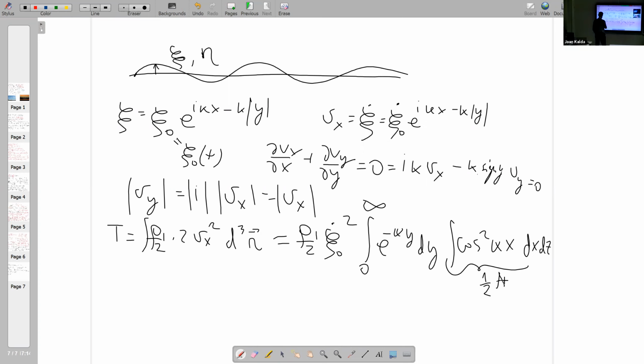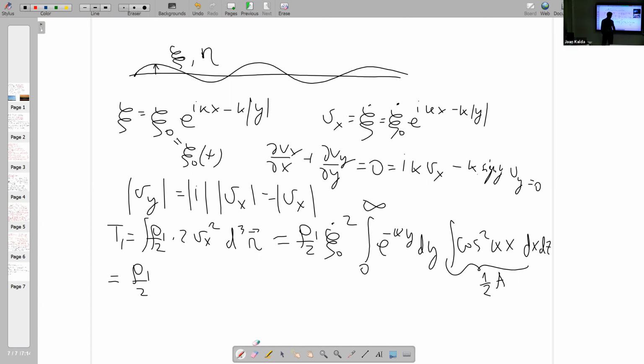And so then, this is only the one part of the kinetic energy of the liquid above. And this becomes ρ1 divided by 2. No, the 2 went away.